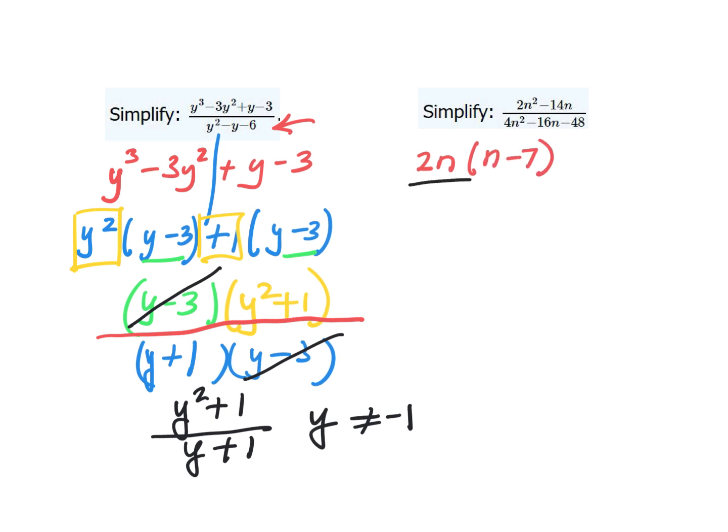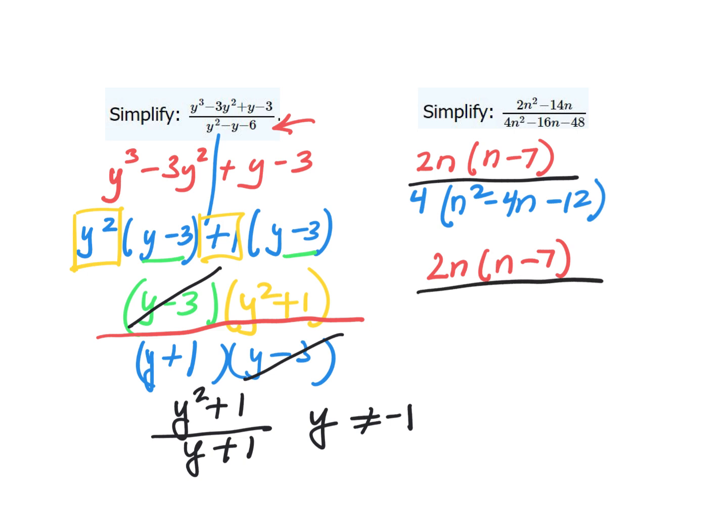In the denominator, I see there's also a greatest common factor of 4, and I'm going to factor that out. That's going to leave me with n squared minus 4n minus 12. And now I'm going to look in the numerator. Can I factor what was left in the parentheses any further? And with n minus 7, I cannot.